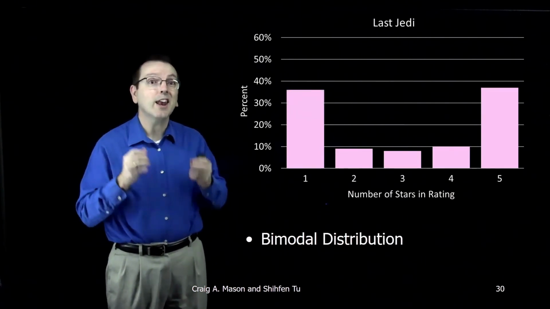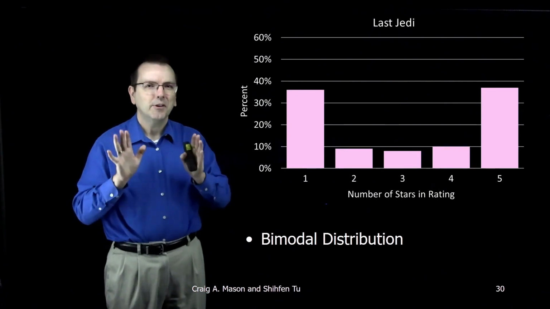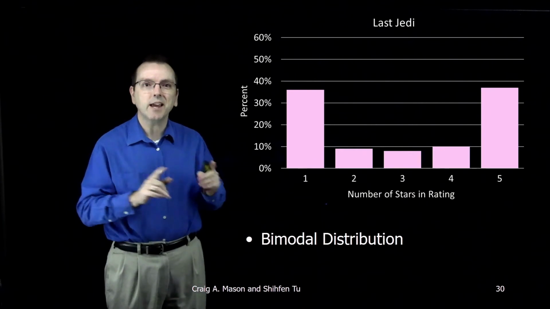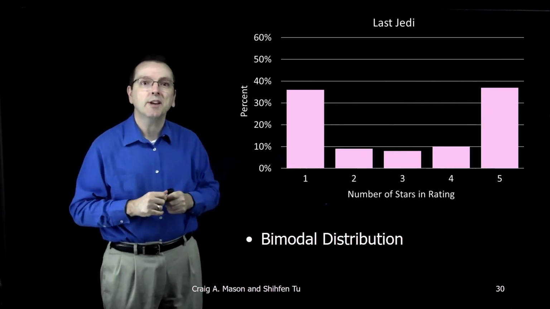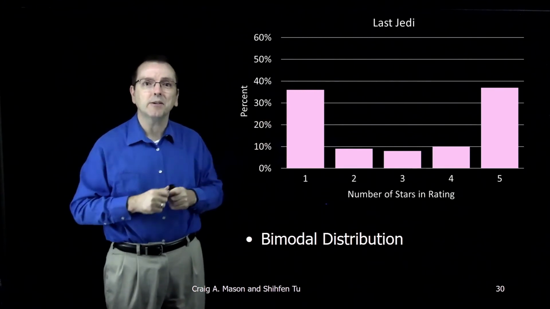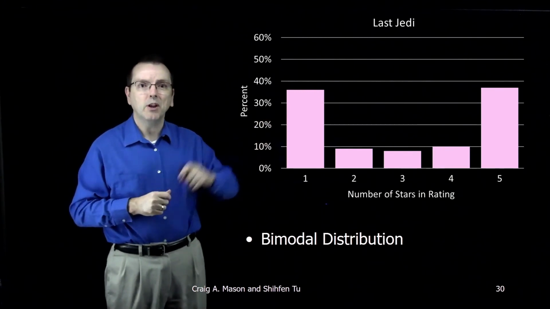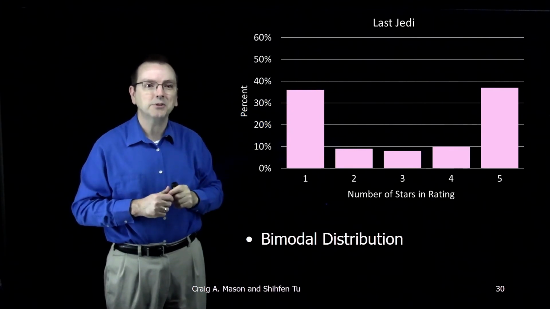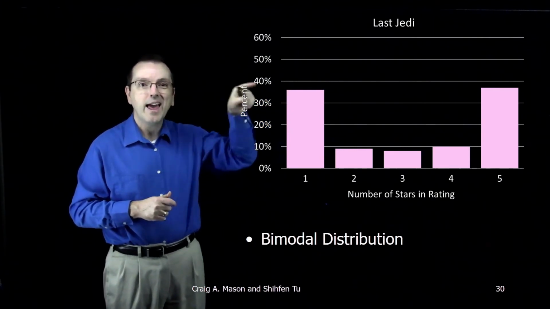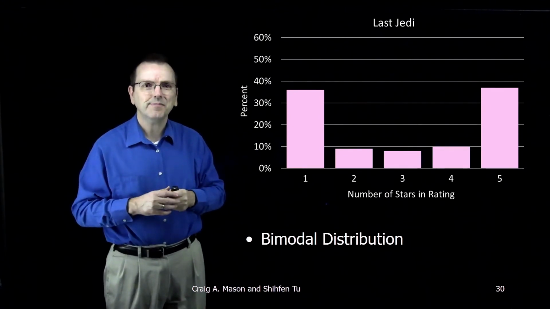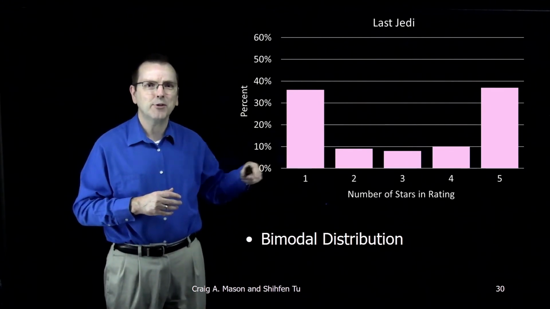Here are ratings for The Last Jedi. We'll see shortly what we mean by mode, but in essence, a bimodal distribution has two distinct peaks, and that's what we see here, right? People loved it and rated it a 5, and almost the exact same number of people hated it and rated it a 1, with relatively few people in between.